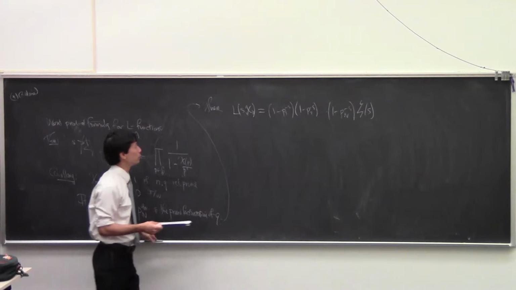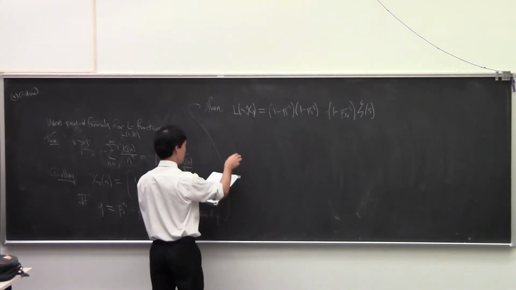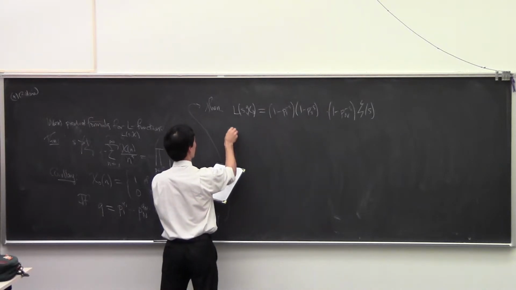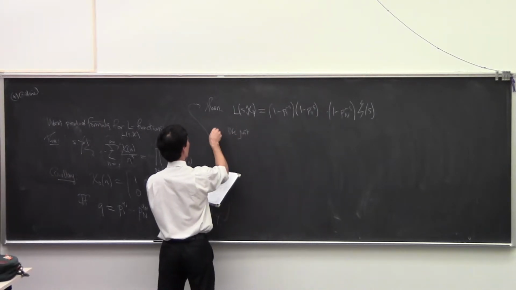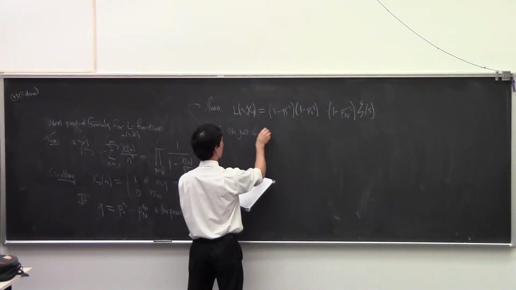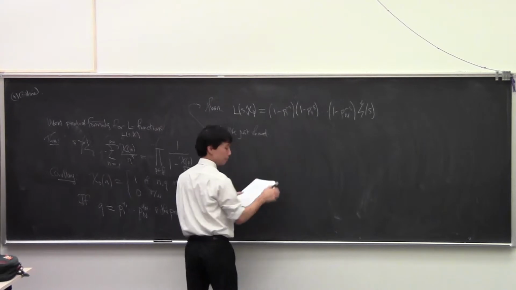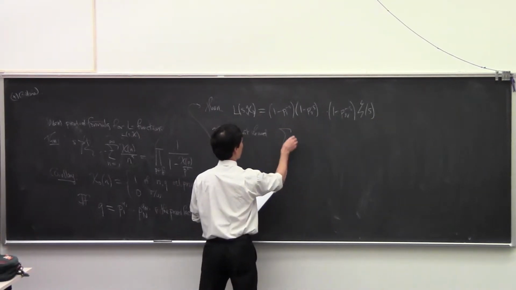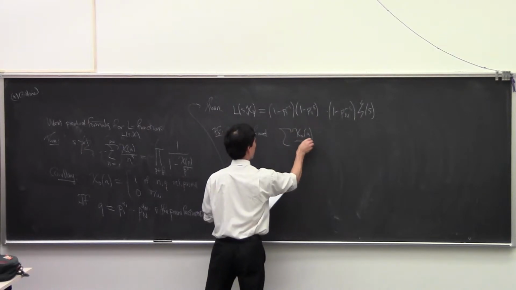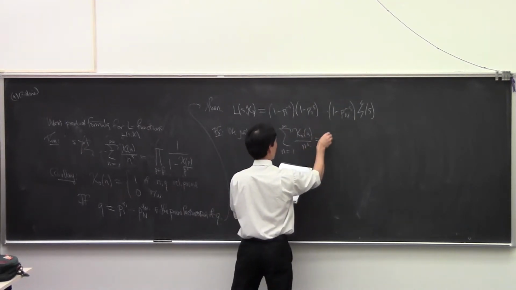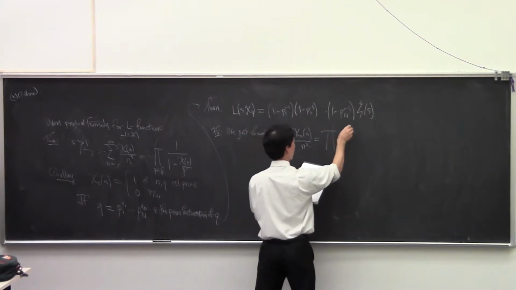And this is actually just a trivial corollary of what we just proved. We just showed that the summation of chi naught(n) over n to the s, n from 1 to infinity, has this product form.